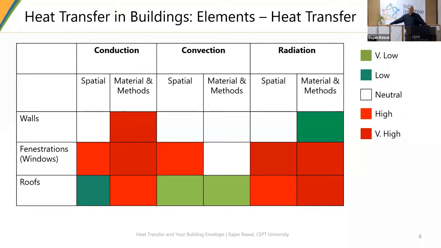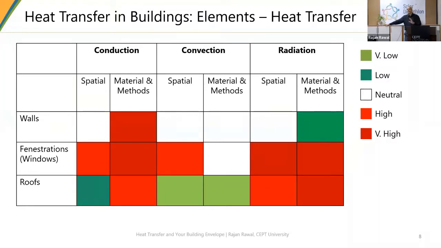Okay, so let's take one example. Which one should we take? Wall, fenestration, or roof? I think let's take fenestration. When you take a fenestration, as I mentioned, spatial decision is very important. Where are you putting your fenestration? Whether east side, north side, south side. So that's where it is red.